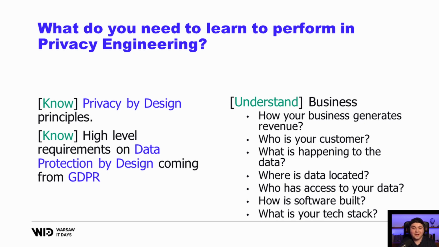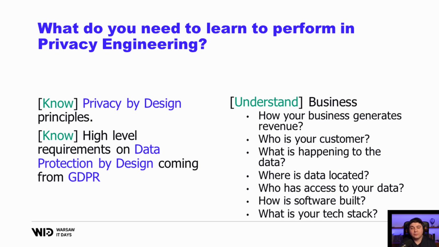The second core element, which you'll need to learn and understand, is your business. So you need to learn how your business operates. Ask yourself some questions: how does your business generate revenue, who is your customer, what is happening to the data, where the data is located, and who has access to the data.